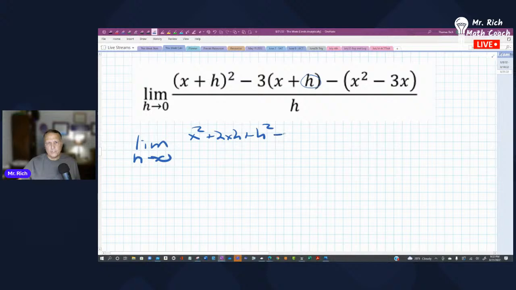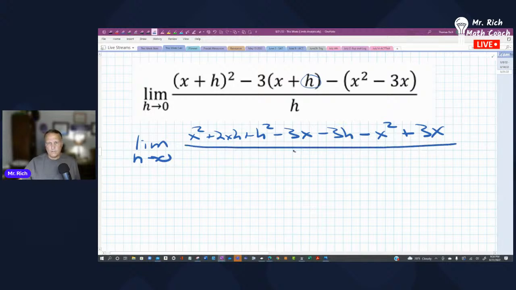Distributing the minus 3, I get a minus 3x minus 3h. And then distributing that minus is a minus x squared plus 3x. This probably looks familiar to you. You might have done in pre-calculus something called the difference quotient, which is where this statement comes from. And we'll be using it in our class here very soon.